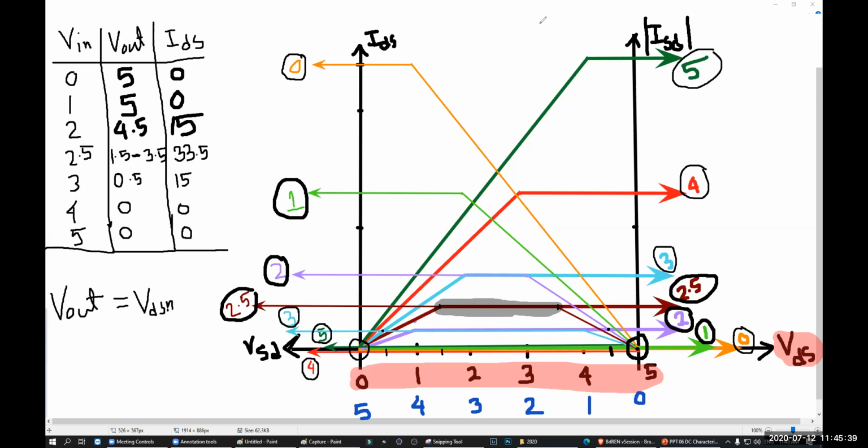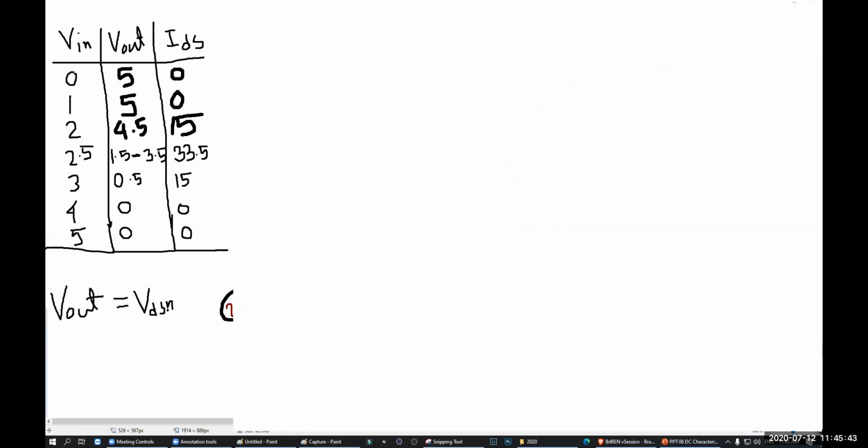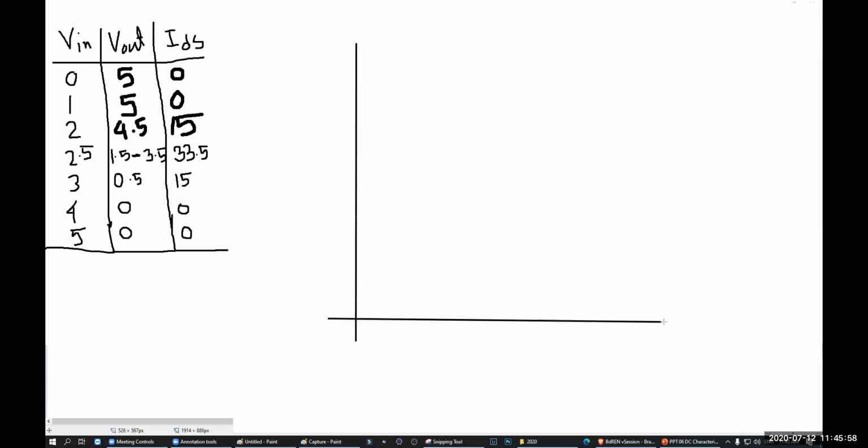Okay. Now we will be doing the next part of the math. That is our graph. Okay, let's draw the graph. This is your V out. This is your V in.